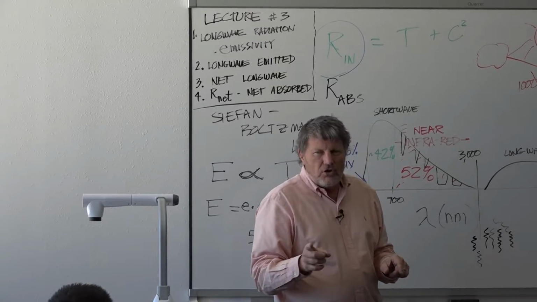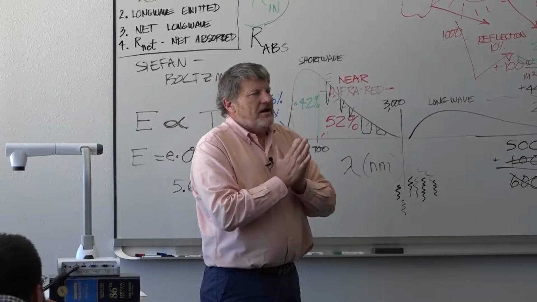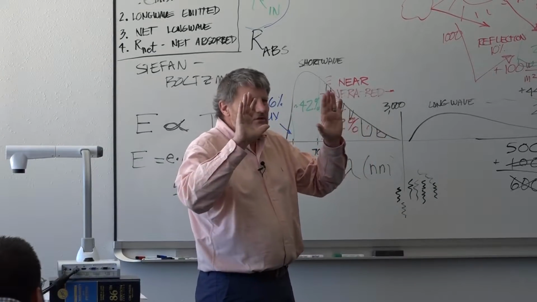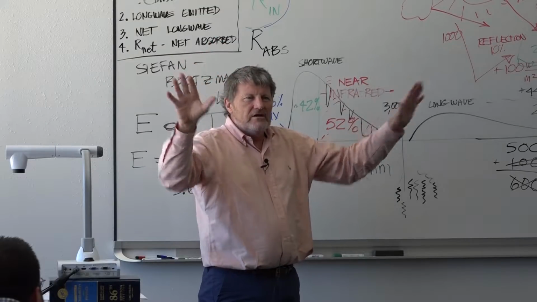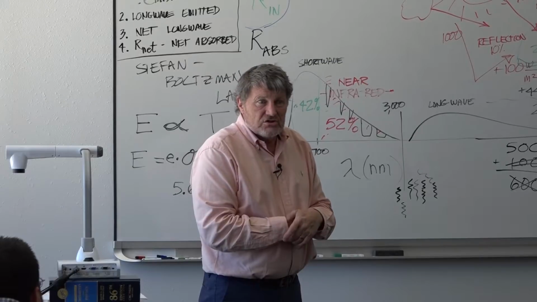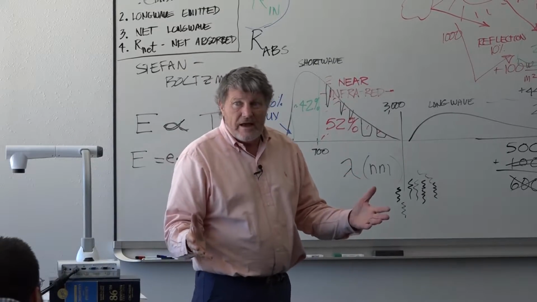But in the case of long wave radiation, not everything is a perfect black body. Not everything is perfectly black and radiates at black. Some shiny objects do not emit long wave radiation very well at all.